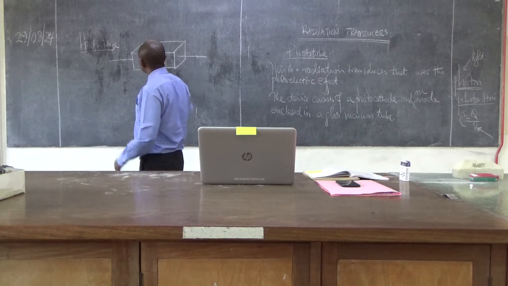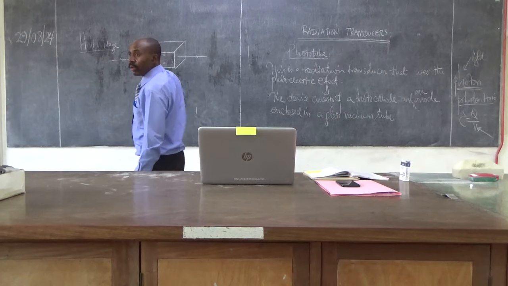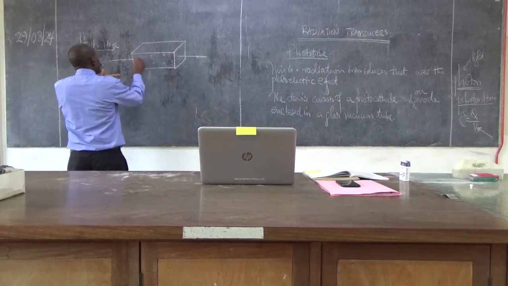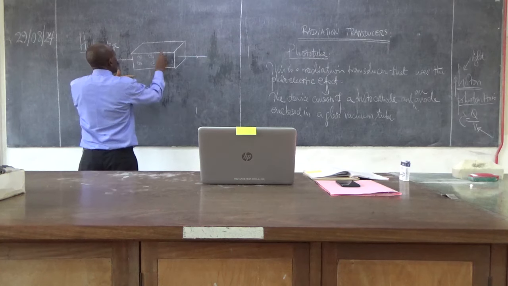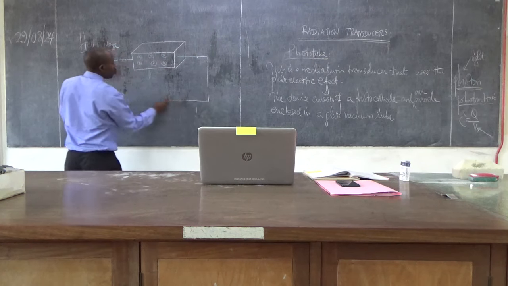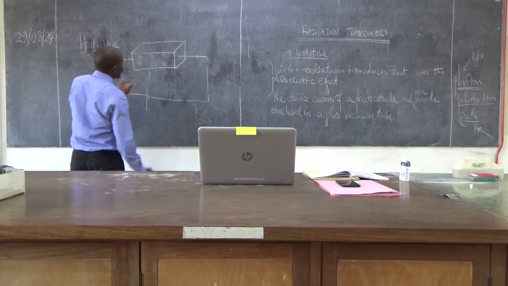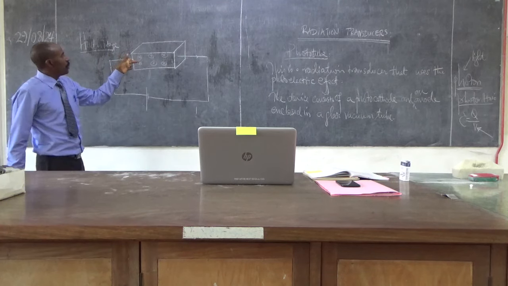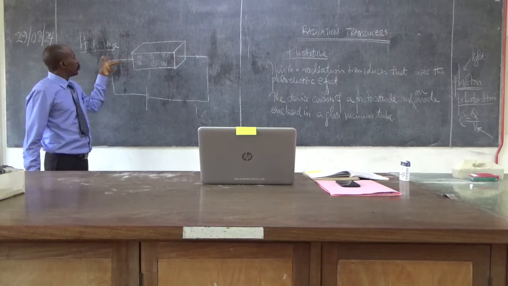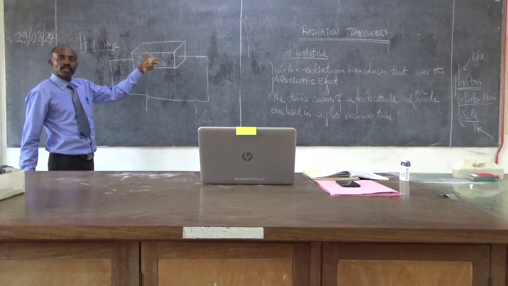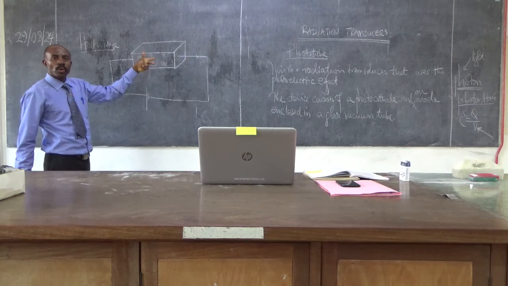So this magnetic field will be in the blackboard. If you connected this to power for the current being provided, then you would have the field in the board. You have this current here across this way, and the force would be upward.